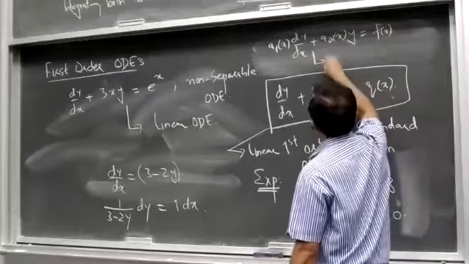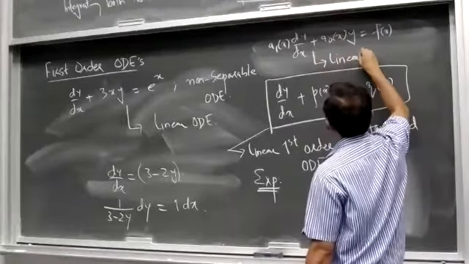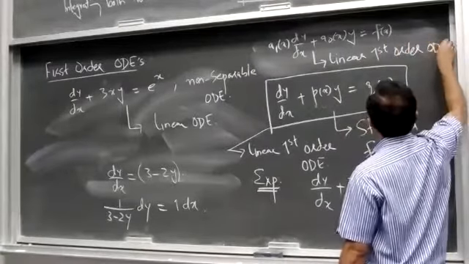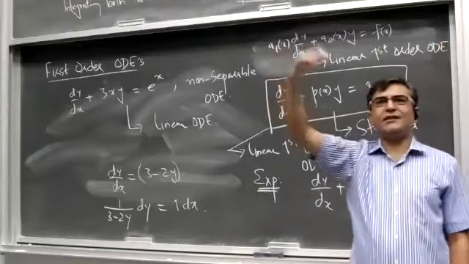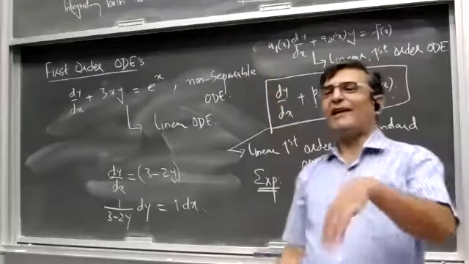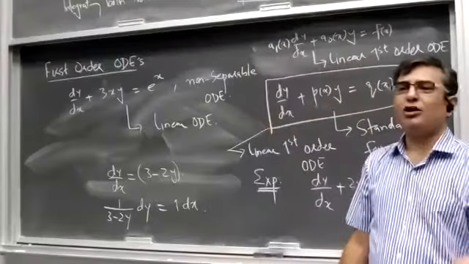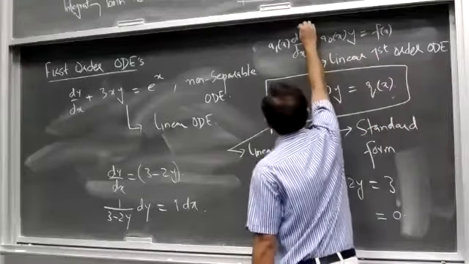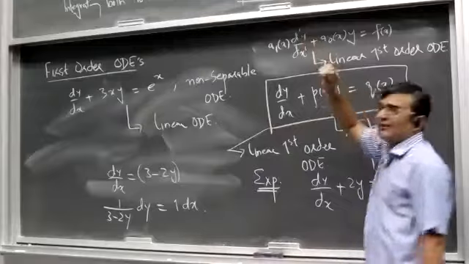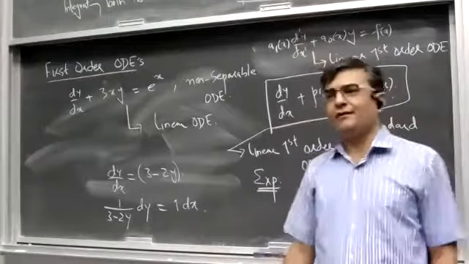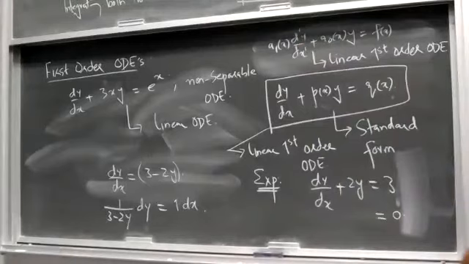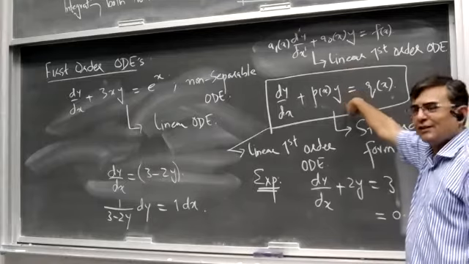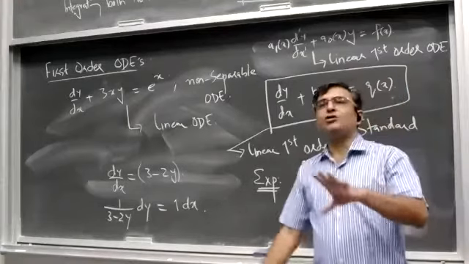This is called a linear first order ODE, because we have derived this equation from the nth order linear non-homogeneous ODE. That was nth order, and this is first order. First order or linear, these two are the same. So this is again a first order linear differential equation, but it is not separable.